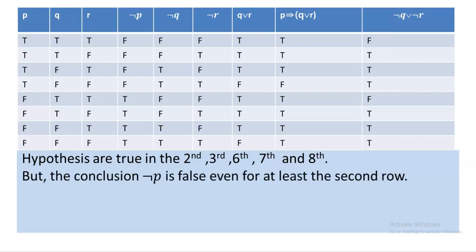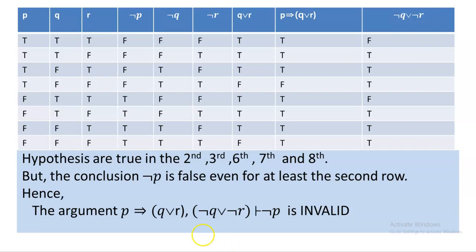As stated here, our argument has these premises: P implies Q or R, here it is, and negation Q or negation R, here it is again. For these two we have truth value true in the second, third, 6th, 7th and 8th rows. But if we obtain truth value true for negation P for all these rows, we can say the argument is valid. But if in at least one of these rows it is not, it will be invalid.